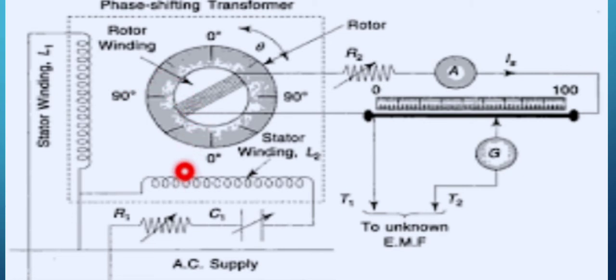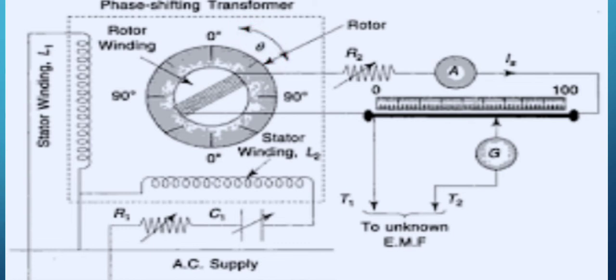As we know, by applying potential to these two stator windings, due to the mutual inductance principle, since the rotor is moving in the magnetic field developed by the potential through these two coils, a voltage develops which makes the rotor rotate. The difference in position of this rotor from the initial position represents the phase angle of the unknown voltage.